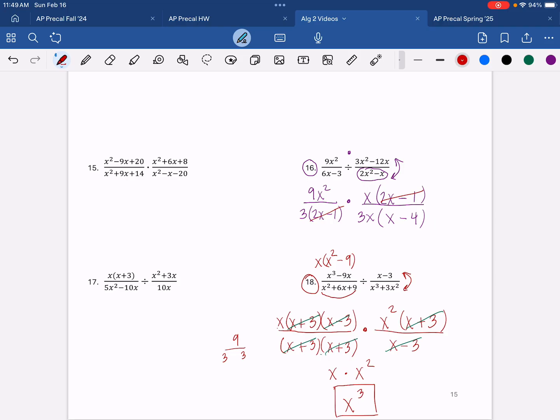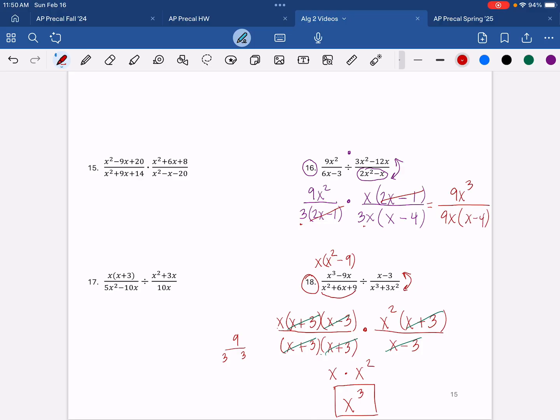If you're not sure about everything else, you can always multiply and see what's left. So like the top has a 9x squared times another x, so that's a 9x cubed. The denominator has a 3 times a 3x, so that's a 9x and an x minus 4.